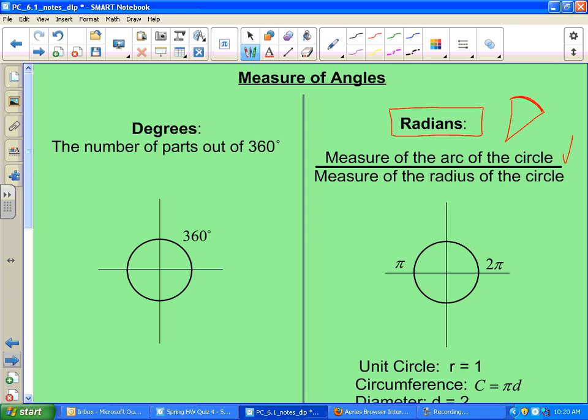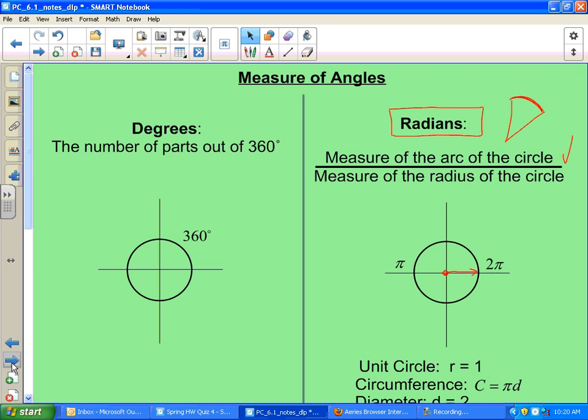All right, so this concept of a radian, we're going to measure that arc length, and then we're going to divide that by the measure of the radius of the circle. So the radius of the circle, again, goes from the center out. So when the radius length and the arc length are the same thing, let's pick a number.